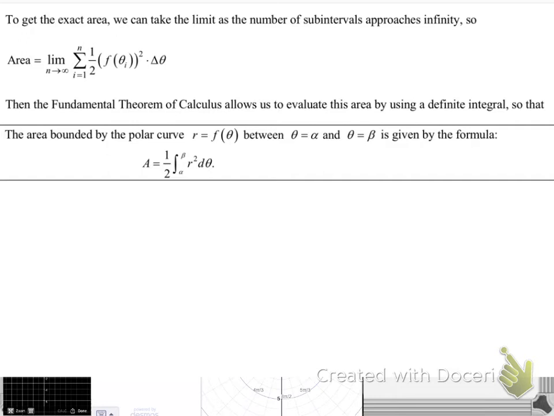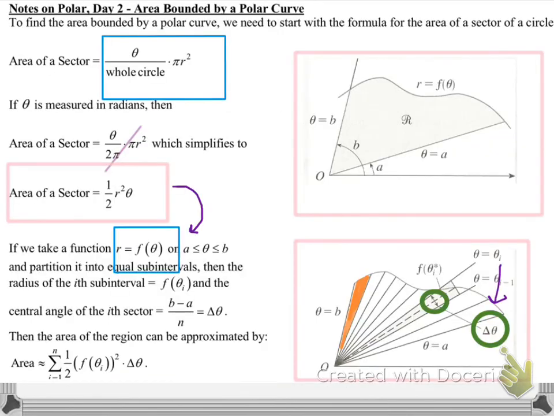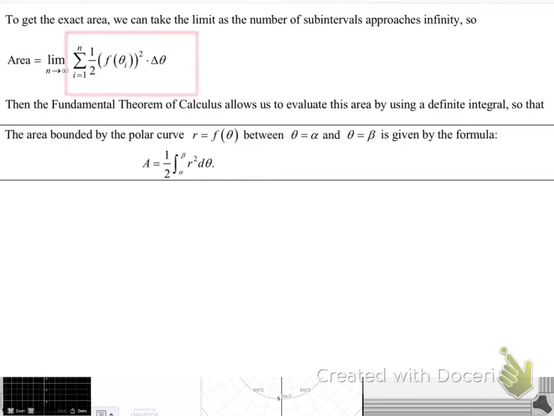So the previous page stated that we've got these little pizza slices that we're adding up, and our area is the Riemann sum, or the sum of all of those little pizza slices added up. This Riemann sum is the definition of that integral.